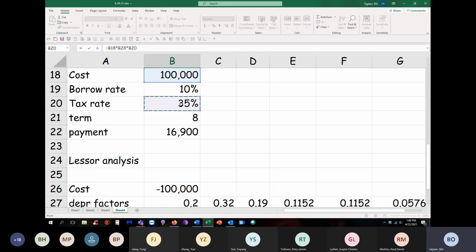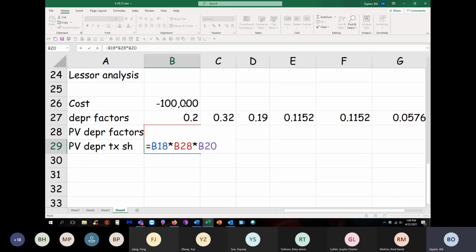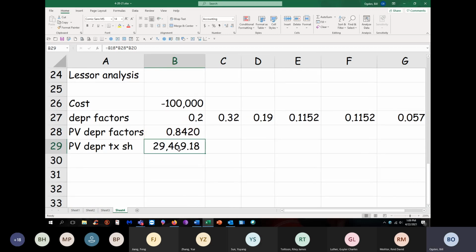Is there an opportunity cost for the tax shields? No, because that last factor in this calculation is T. If that's 0, this whole term goes to 0, doesn't it? Obviously, the higher the tax rate, the higher the benefit of these tax shields, correct? And so this is the benefit of the tax shields.